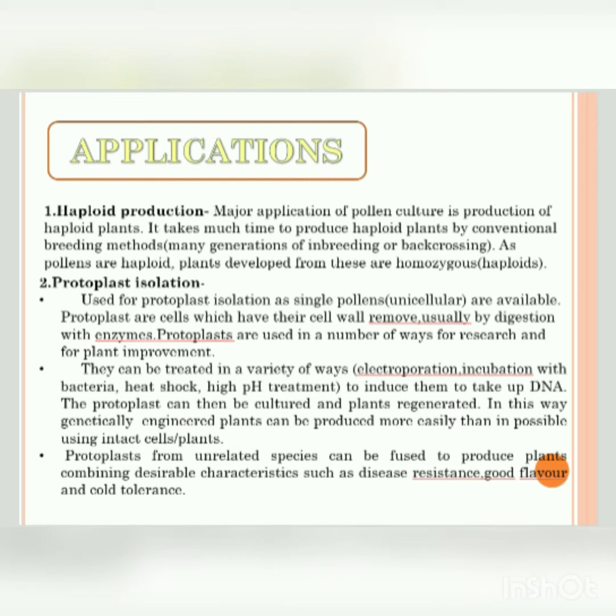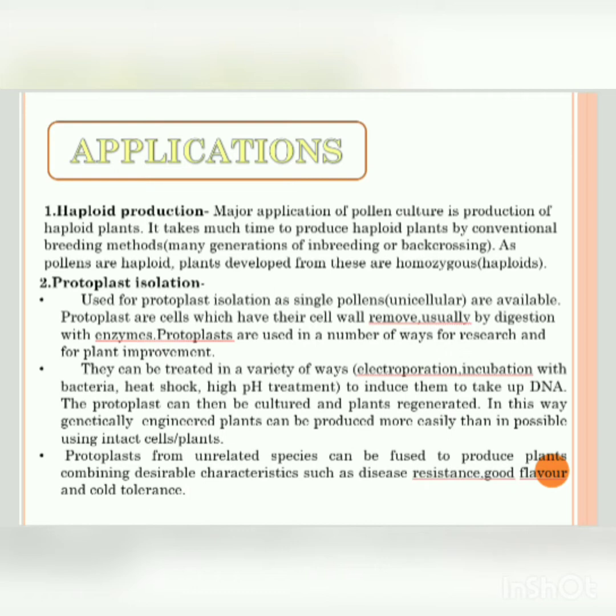Now what is this? As we all know, the conventional breeding methods take much time to produce haploid plants, meaning many generations of inbreeding or backcrossing is involved. If we don't want to do this, we can do it by the different pollen cultures and anther cultures.